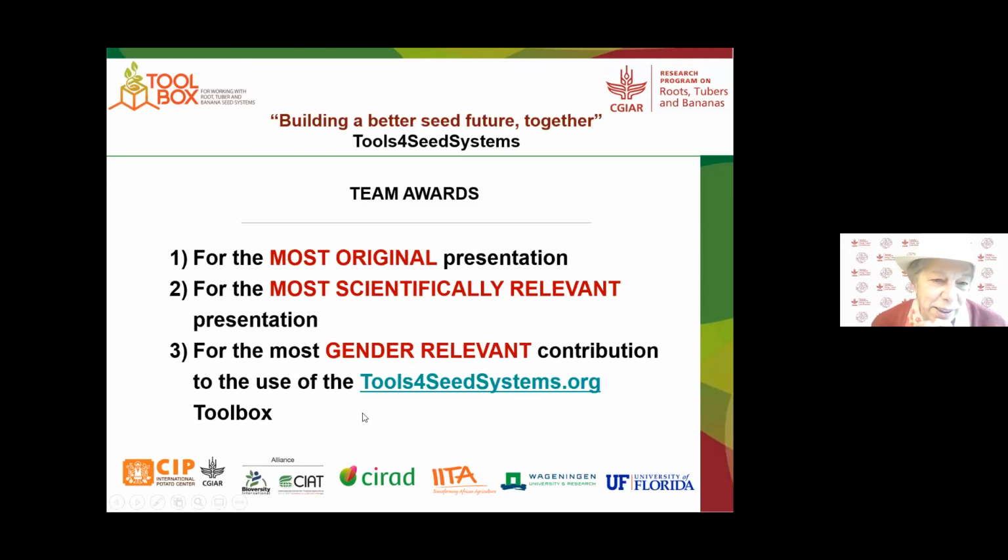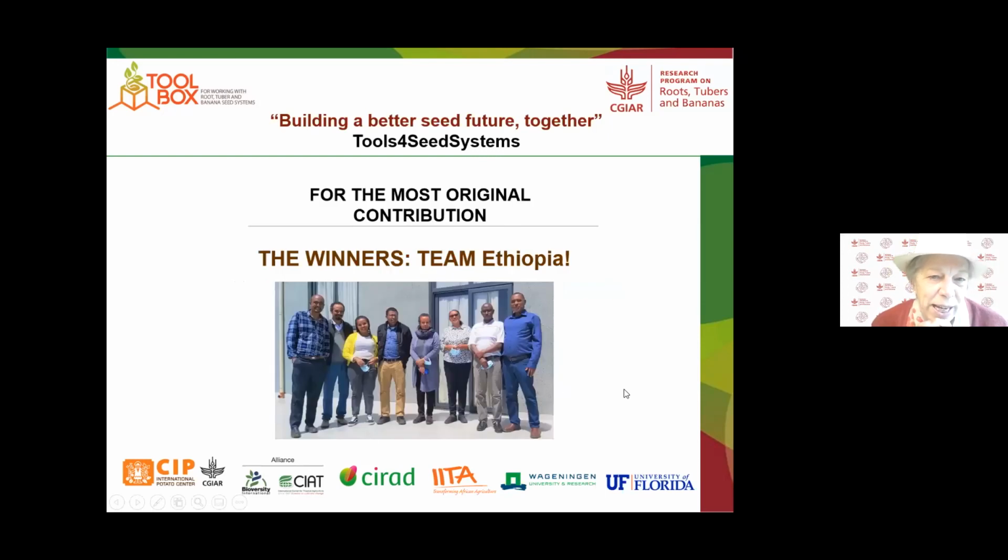The winners are getting this award for the most original contribution because their eagerness to learn was amazing, and that made them engage in selecting and applying 3 different tools in different sites, working in multiple teams.